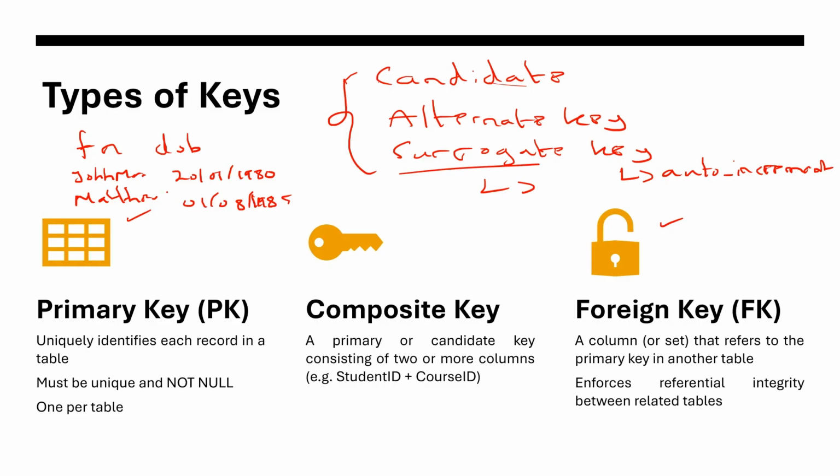So each of these people, let's suppose somebody is called Matthew, somebody is called John Mark, you may have somebody else called Matthew as well. And if that somebody else is called Matthew, maybe his date of birth is different. Let's suppose he's born on 20/07/2000, year 2000.